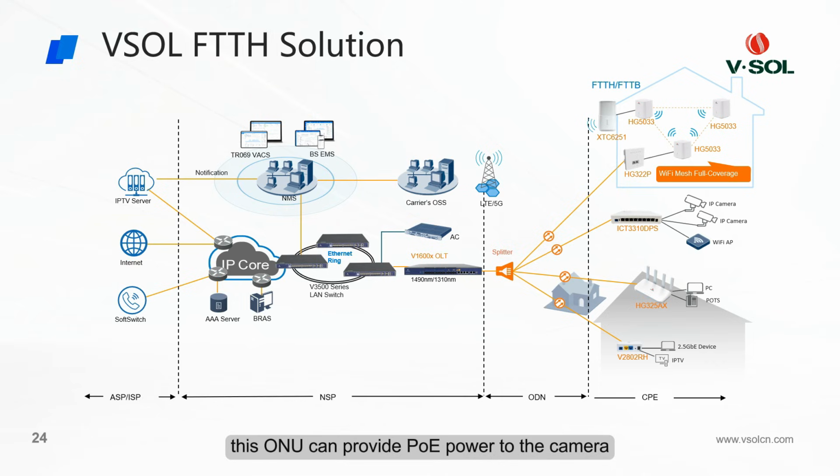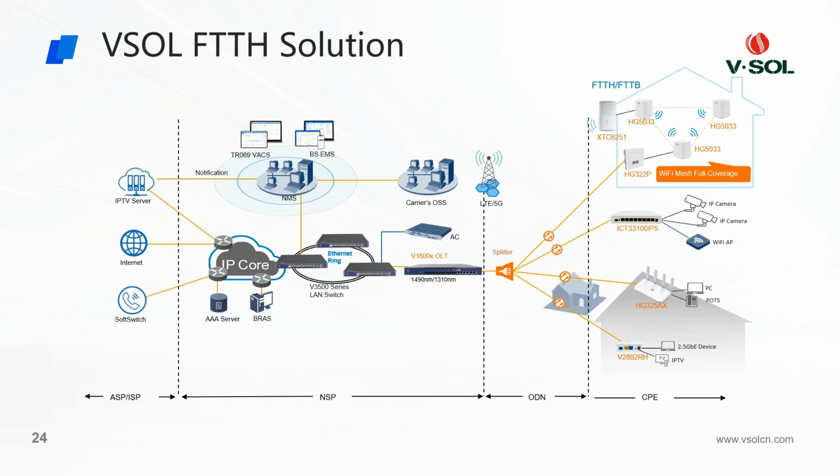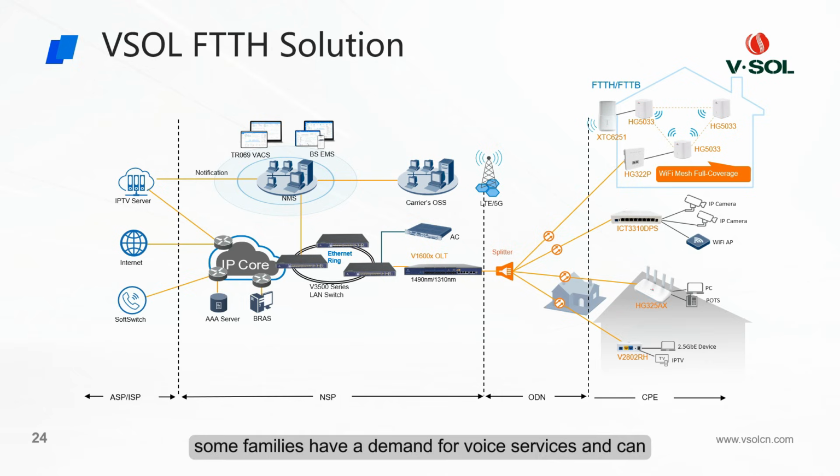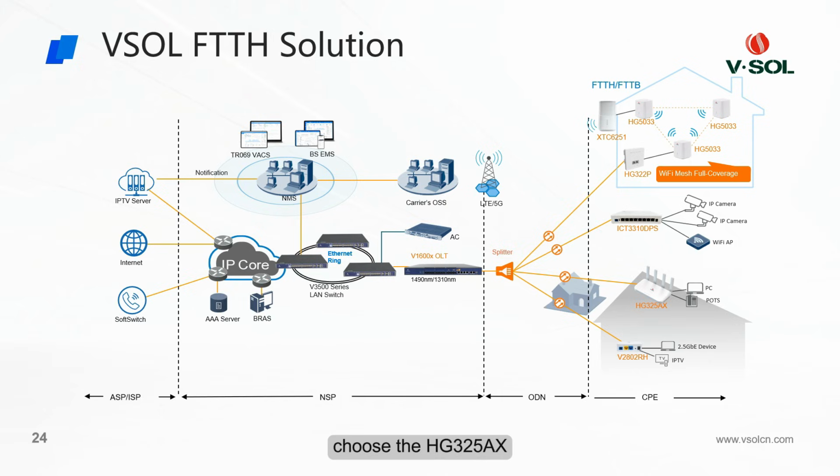This ONU can provide PoE power to the camera, and the installation of the camera does not require a separate power supply. The camera can be powered through a network cable. Some families have a demand for voice services and can choose the HG325AX with voice services, which not only provides powerful Wi-Fi performance, but also offers voice services.